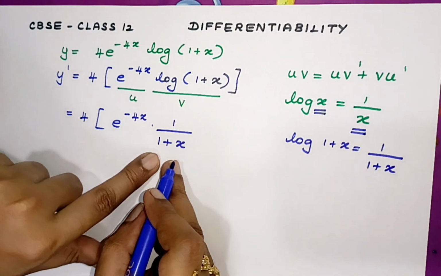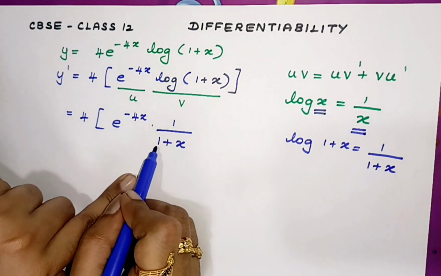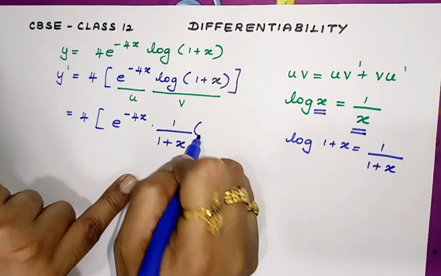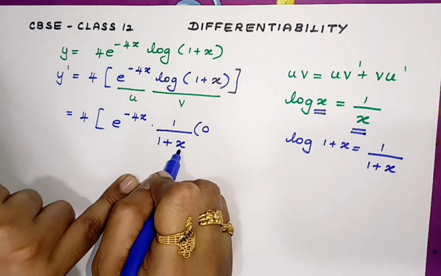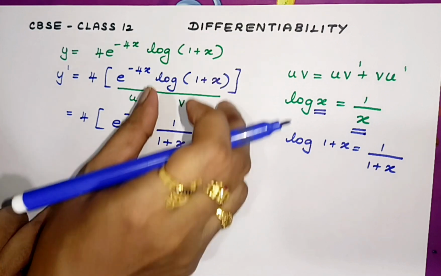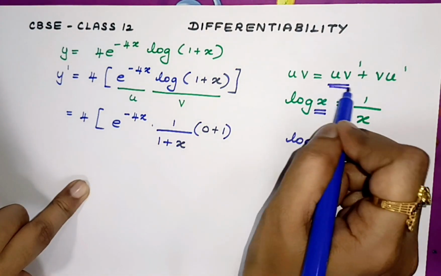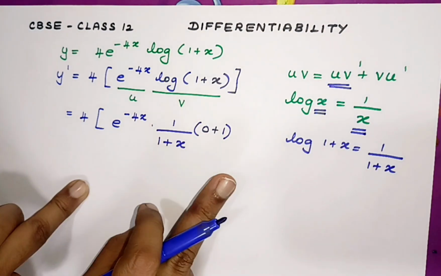And again we have to differentiate the function given inside. While differentiating the constant term 1, we get 0, and for differentiation of x we get 1. So we have differentiated this v value, with u as constant.